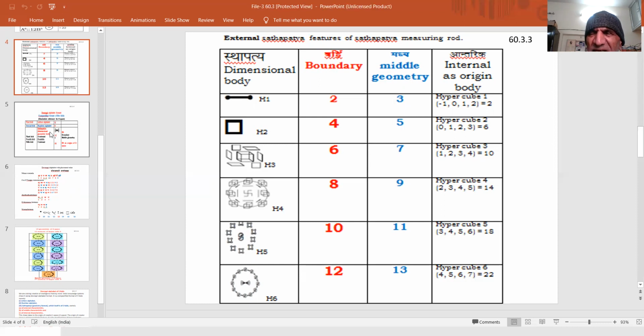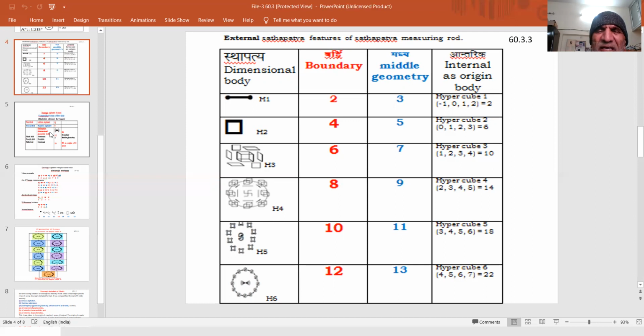One shall sit comfortably and permit the mind to sequentially glimpse and imbibe these triple distinguishing features of the dimensional bodies. With respect to the interval as hypercube 1, its boundary is of 2 components, so value 2, and its middle geometry is the third, of value 3.